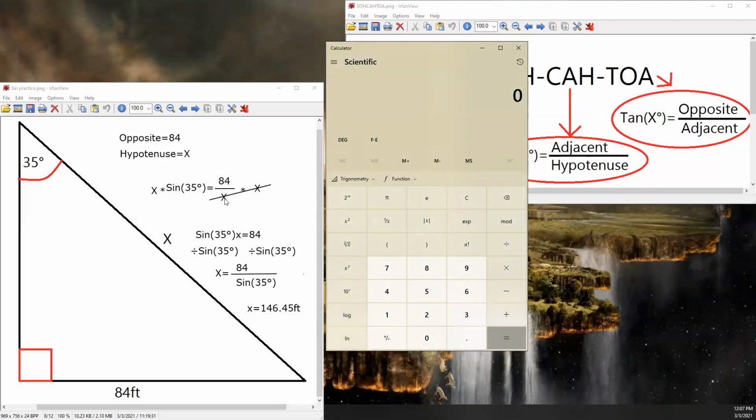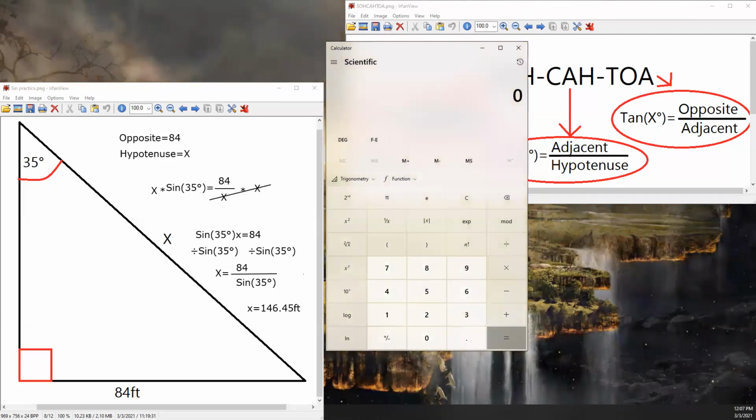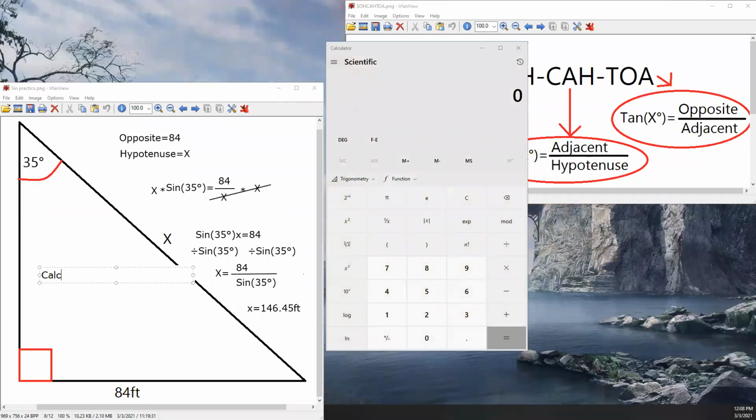If x is on the bottom, you're always going to have a number divided by the angle trig function equals. It'll always look like that. That's one of the reasons why I like it. So the calculator, right? It'll always be side, the side you're working with, when x is on the bottom, sorry.